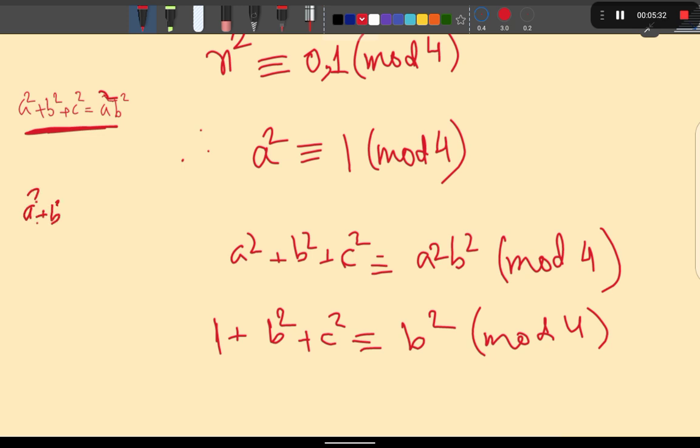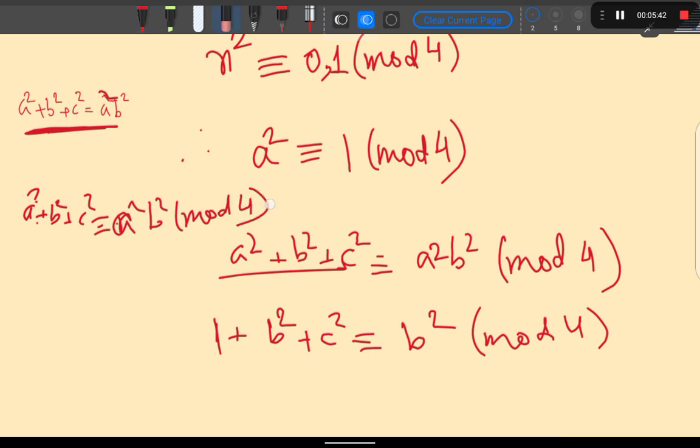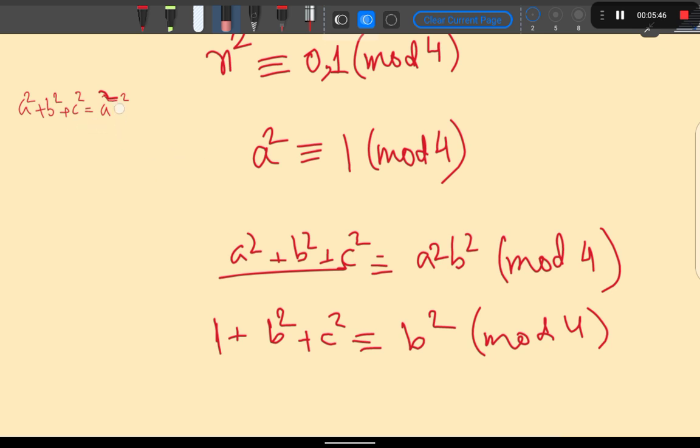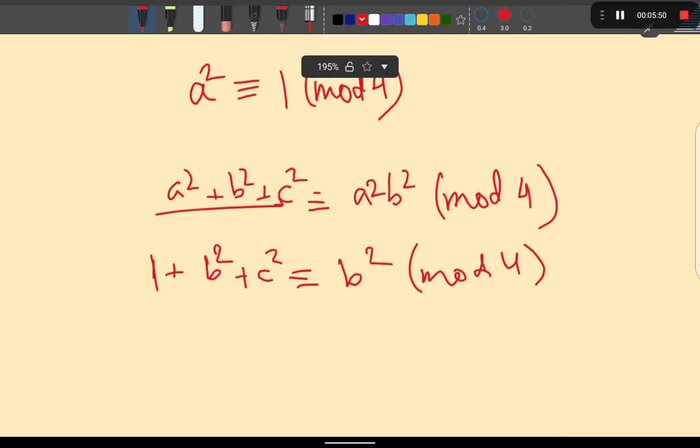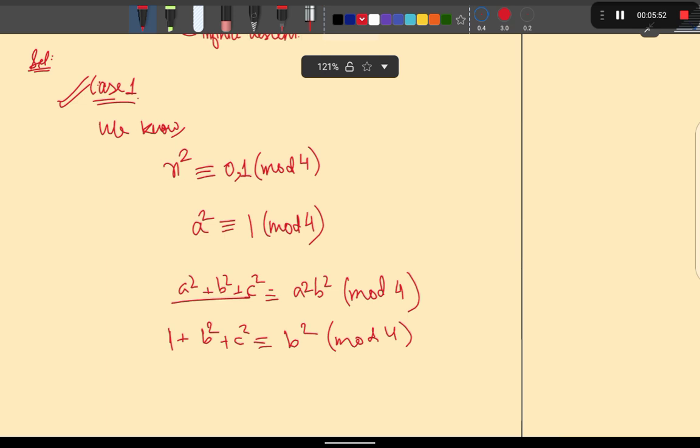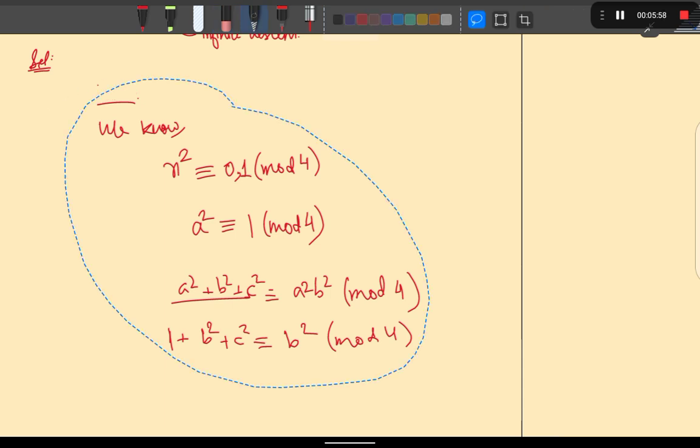To help us with the solution, we put mod 4 on both sides, which is basic manipulation with congruences. So now we got that c square case is rejected. Therefore, case 1 is completely rejected.